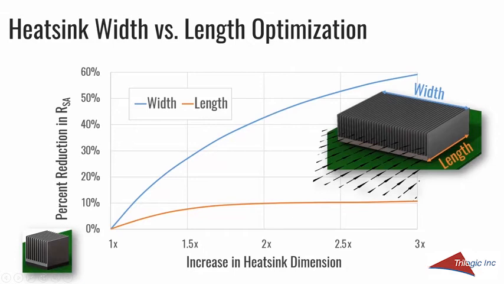Anyway, I think this effect in large part is due to the heat spreading through the base, and as these fins get further and further away from the heat source, because of the inefficiencies in conduction, I don't get the same benefit as if they're closer. So interesting, I think. As we probably knew beforehand, width is more important than length, but this just kind of illustrates it.